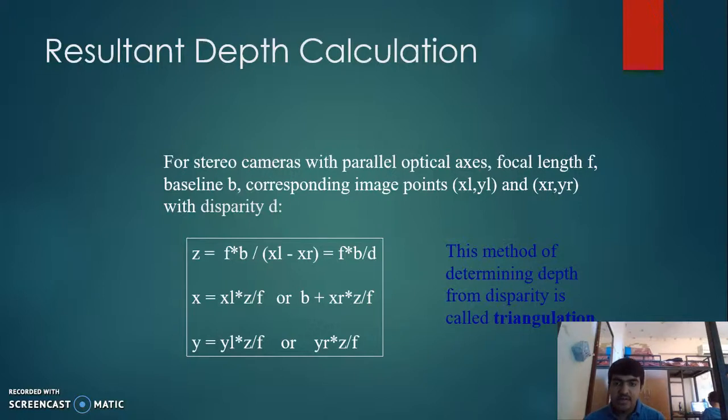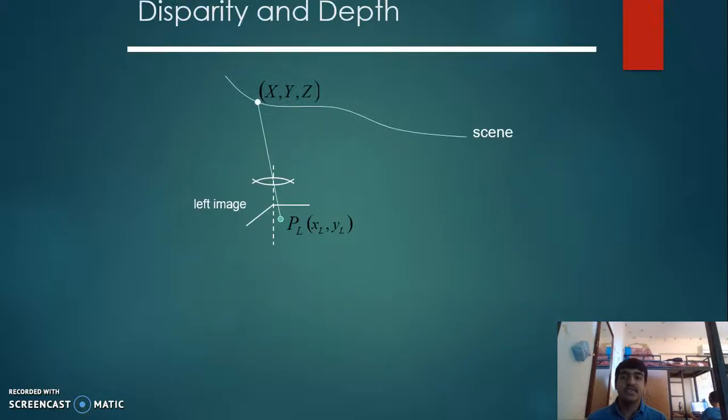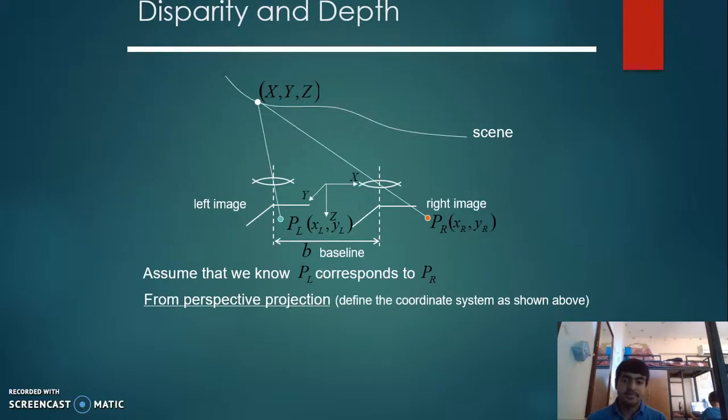Disparity D: Z equal to F into B by XL minus XR, equal to F into B by D. X equal to XL into Z by F, or B plus XR into Z by F. Y equal to YL into Z by F, or YR into Z by F. This method of determining depth from disparity is called triangulation. As you can see, from perspective projection we are getting the same kind of result.